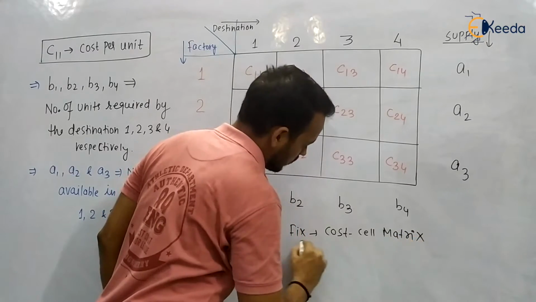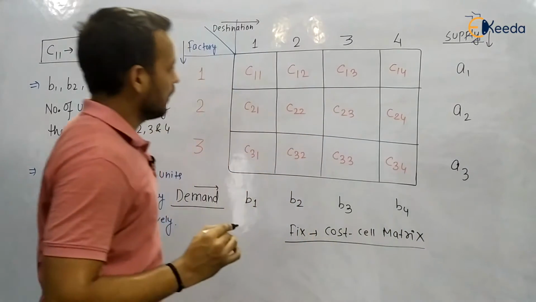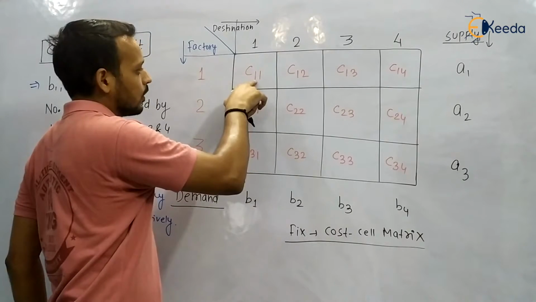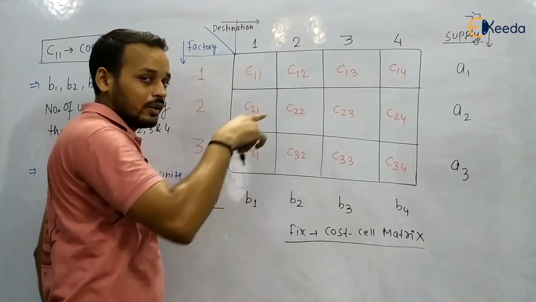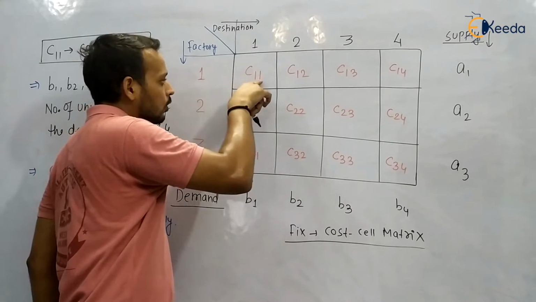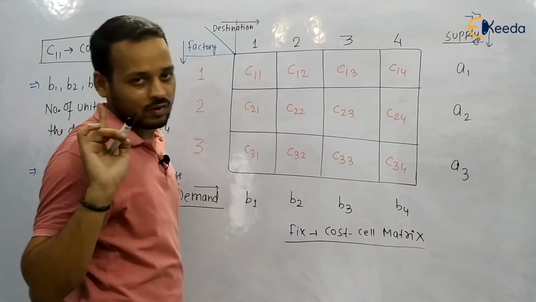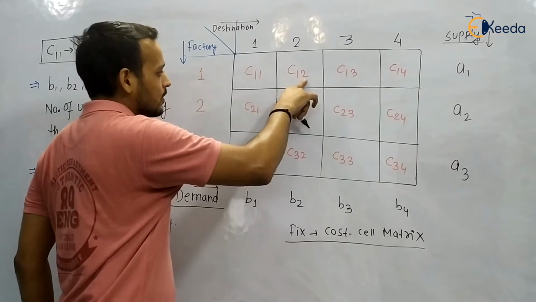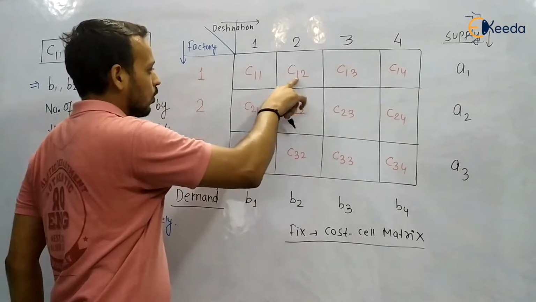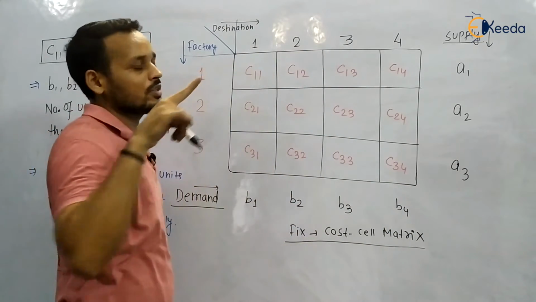What does this C11 represent? It represents the cost required in bringing the item from factory 1 to reaching destination 1. This C12 means the cost required in transporting the items from factory 1 to destination 2.